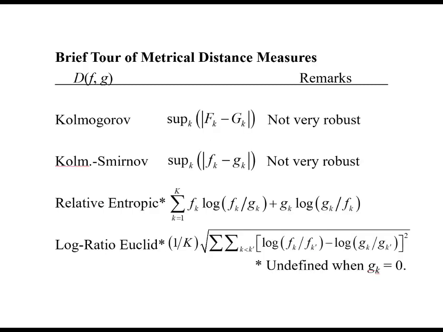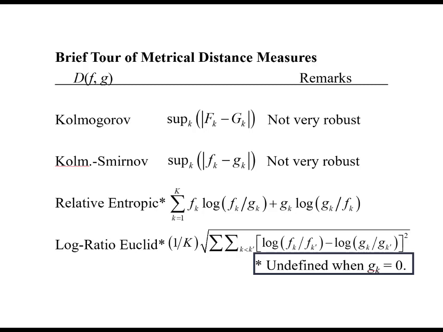Are they robust under small changes in the underlying empirical distribution F? Well, the Kolmogorov and the Kolmogorov-Smirnov distances are metrics, but they're not very robust. And finally, can they deal with zeros in the referent distribution G? Remember, all the referent distributions that we've used so far had lots of zeros in them.